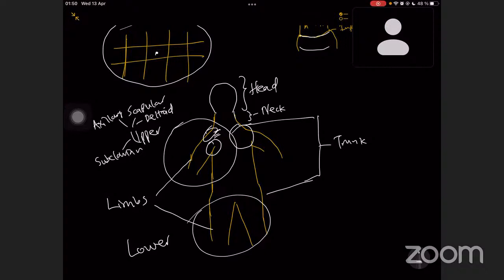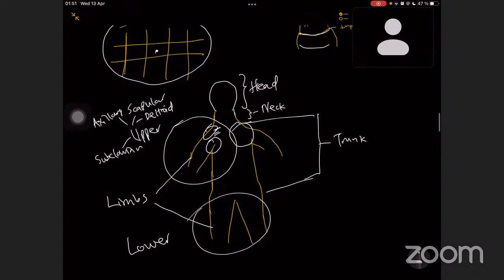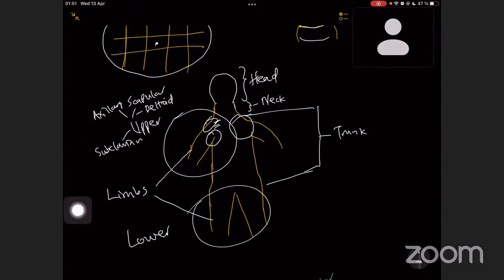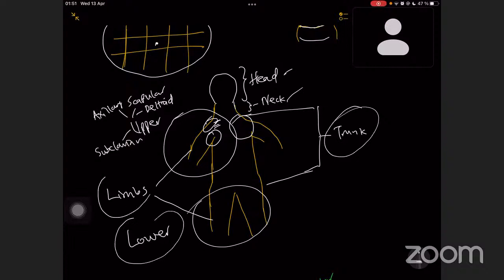The regions of the body are conventionally marked within the limits of certain body parts. So you have the entire body, for example, as we have here in our caricature. And then you have, for example, the region of the head, the region of the neck, the region of the trunk, the region of the lower limbs, the region of the upper limbs, right?